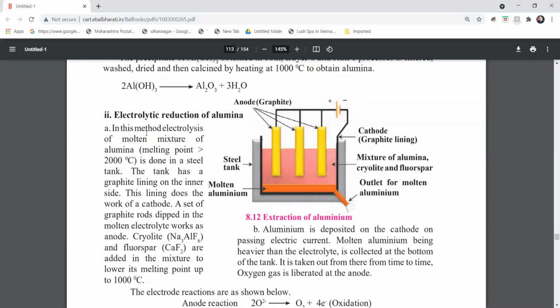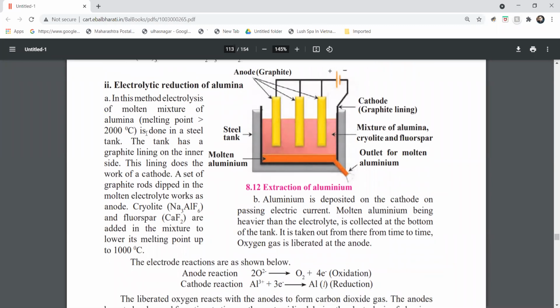Once you have alumina, you create an electrolysis tank of steel. You have a graphite lining, that is the cathode. You have graphite rods, that is the anode. You add 2 other substances, cryolite and fluorspar, so that the melting point is lowered. Once the melting point is lowered, because of the current that is passed, you will see aluminum getting deposited on the cathode. And because it is heavy, it will go to the bottom, and then it will be released from the bottom.